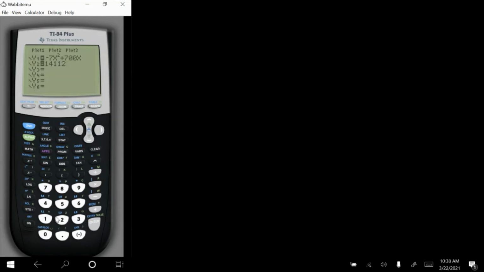All right, so that's what we should have in the y equals menu. And now the window setting adjustments. All right, so that's our window setting adjustments. Let's go ahead and press graph.